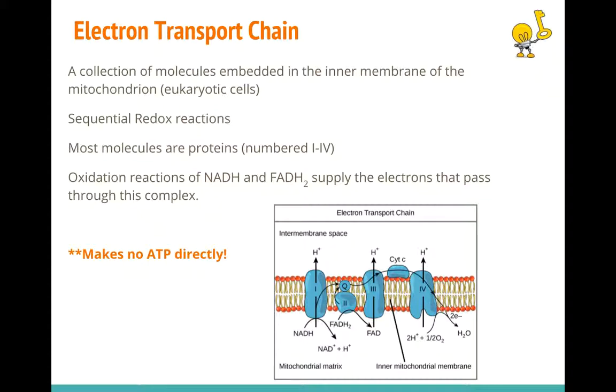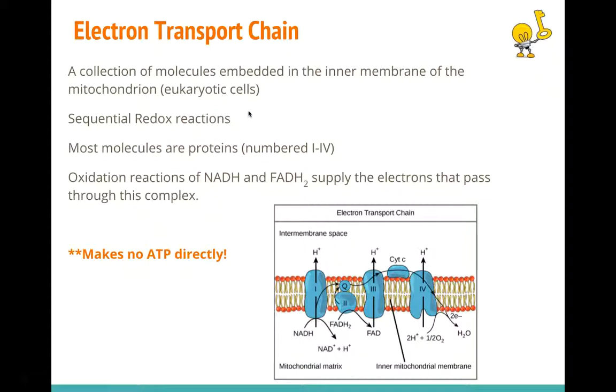So there's two parts, as I mentioned. There's the electron transport chain, which is actually just a series of protein molecules found embedded in the cristae, that inner membrane. And as the products of the glycolysis and citric acid cycle are fed into the electron transport chain, you're going to watch a series of reduction and oxidation reactions occurring.